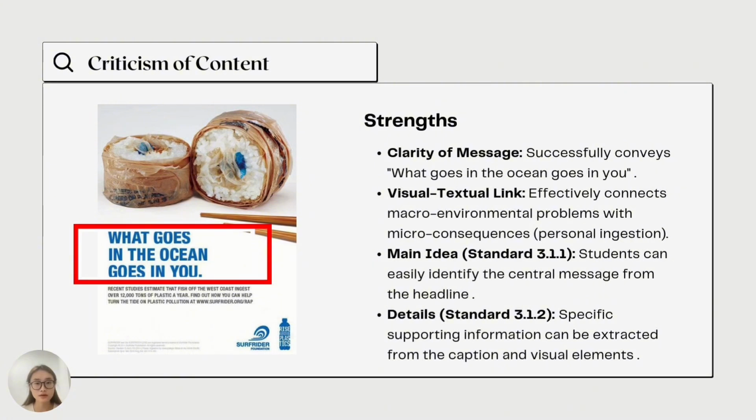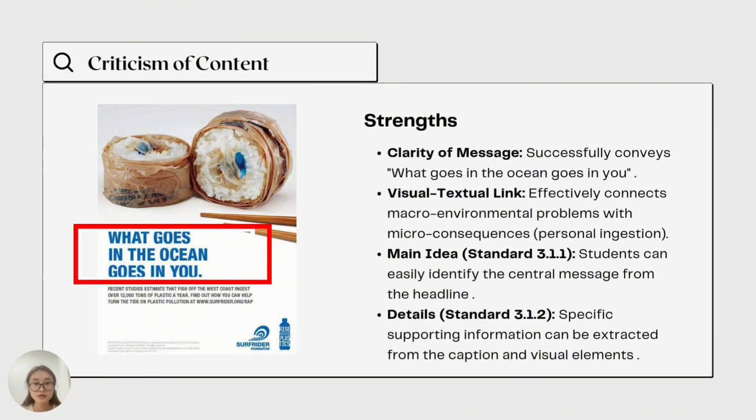I will talk about the strengths of the poster's content. Firstly, the message is very clear. The slogan, "What goes in the ocean goes in you," directly connects marine pollution with human health, making the environmental issue personal and relatable. The clarity helps students easily identify the main idea, which aligns well with the content standard 3.1.1.